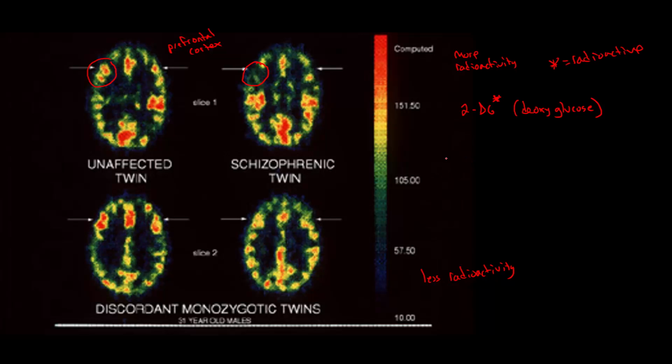So normally, neurons take up glucose to support their activity. Remember, they don't store it, so they need to get it from the blood.